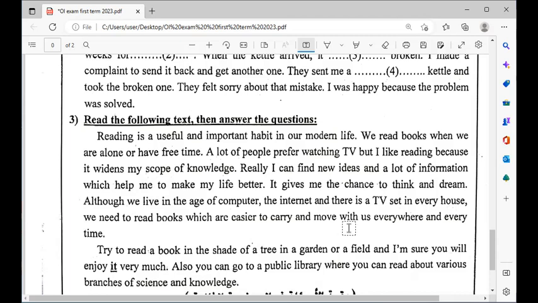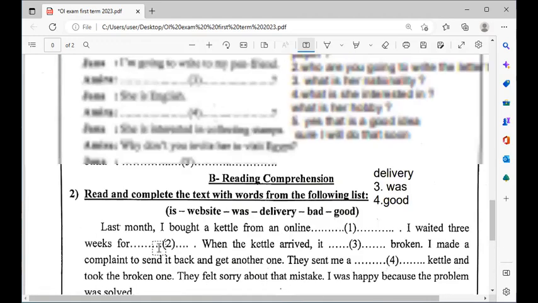Also, you can go to a public library where you can read about various branches of science and knowledge. Here we can say, and I am sure you will enjoy it. You enjoy, of course, reading the book. It here refers to reading the books.